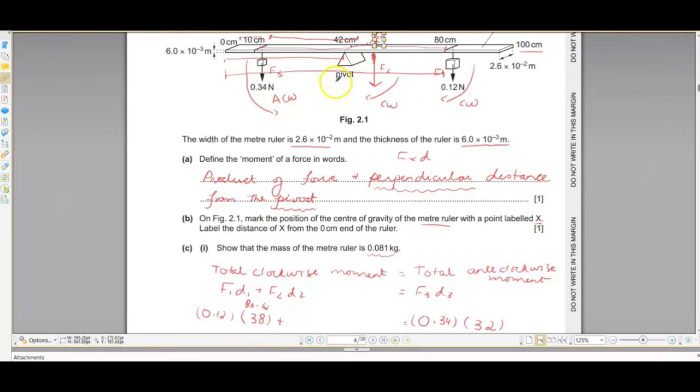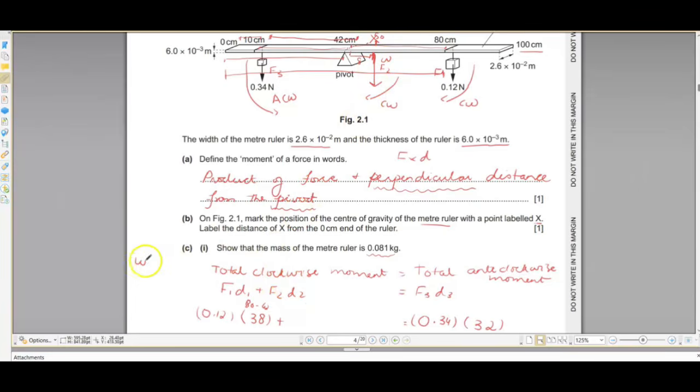We have to find the mass. So if you look over here for F2 and D2, we have the distance, which is 50 minus 42, which is equal to 8. This is the perpendicular distance, but we don't have the measurement of the force, and we don't have to find the force or weight.